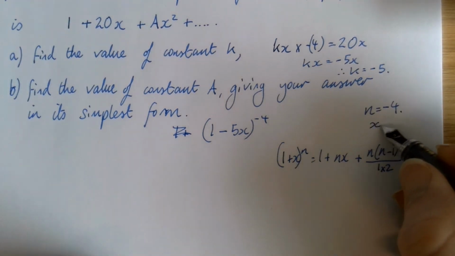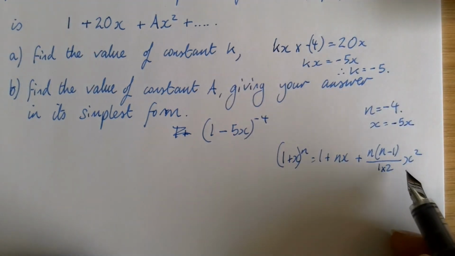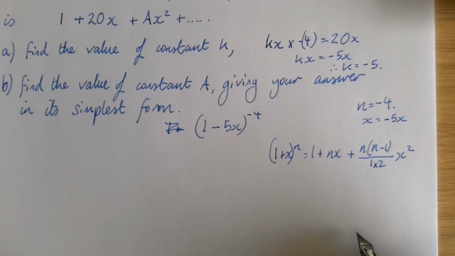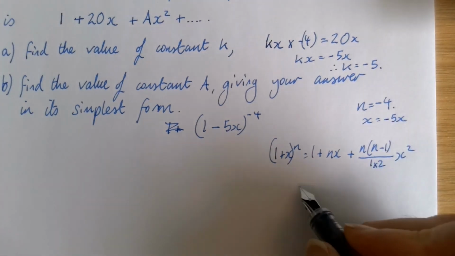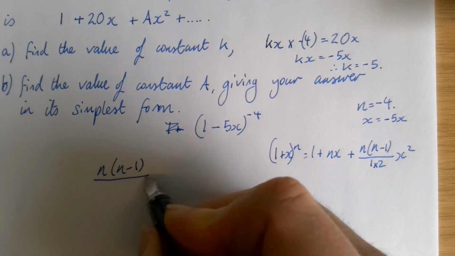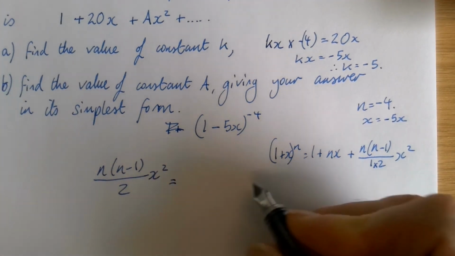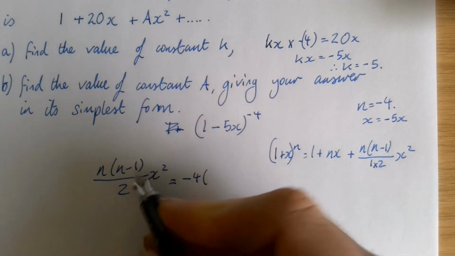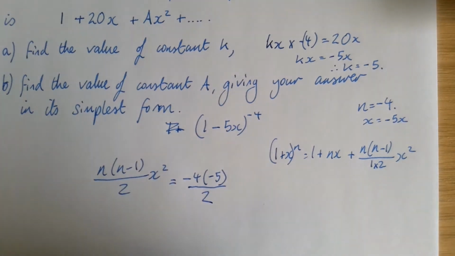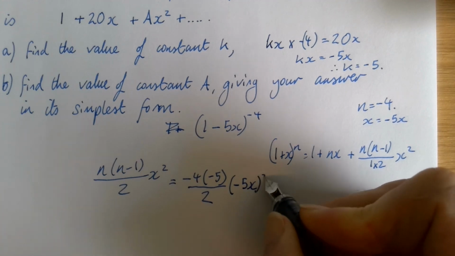But x is negative 5x as far as our formula is concerned, and that is going to be absolutely crucial to getting this right. So I can say I'm going to have for the n, n minus 1 over 2 times x squared is actually going to equal negative 4 times negative 4 take 1 is negative 5 all over 2 multiplied by negative 5x squared.